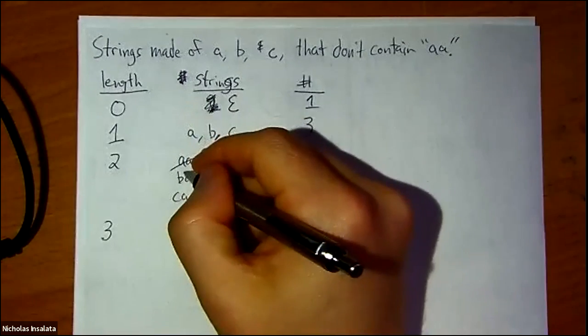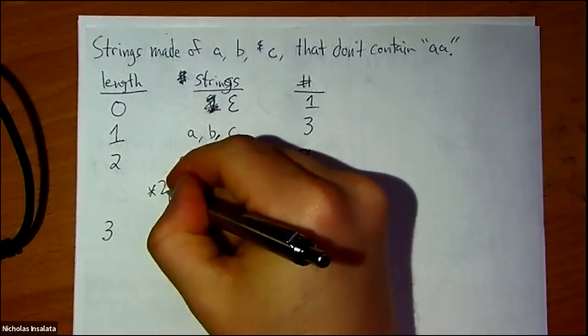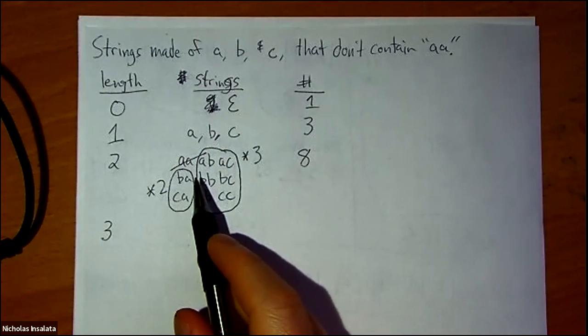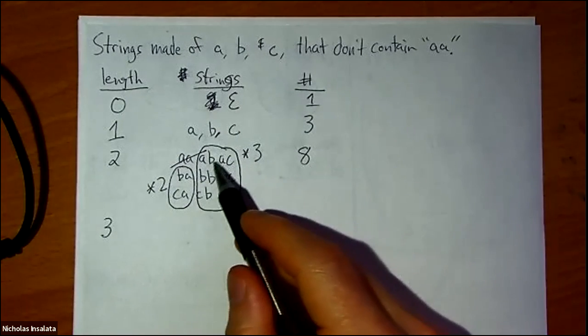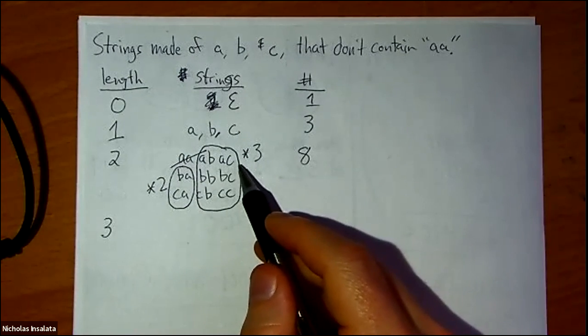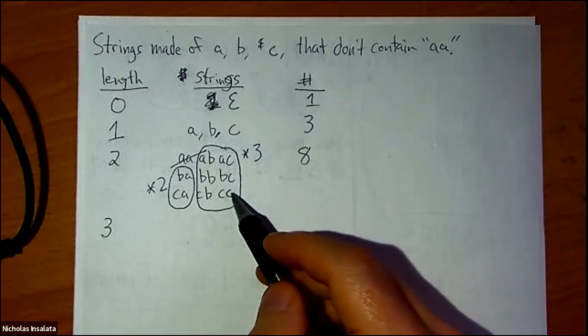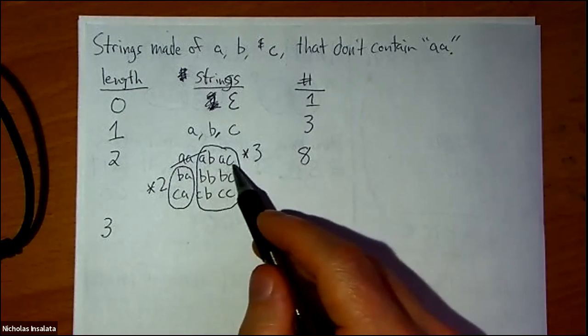Because we can add on either a B or a C to either one of these. These guys at the end of the string, we can tack on A or B or C, right? Because since we have a B or a C in the second position, if we add on an A in the third position, this either B or C in the second position will buffer it, so it's not sitting next to another A.